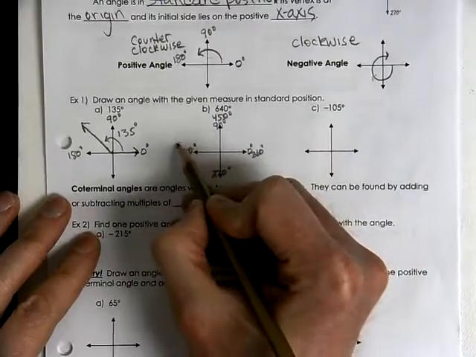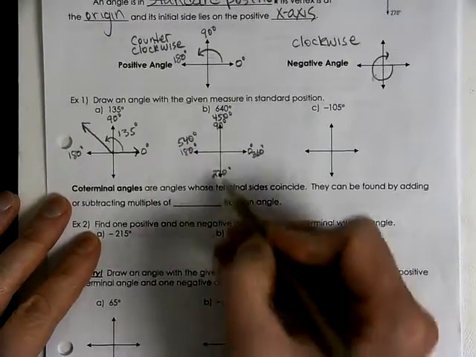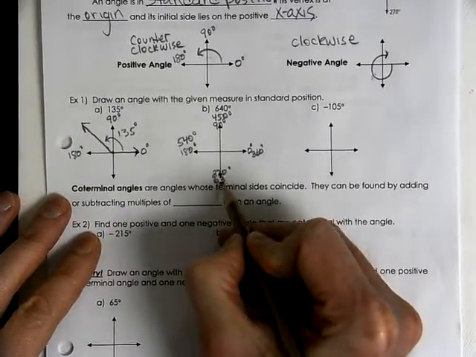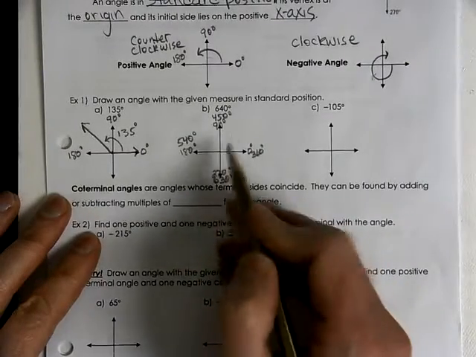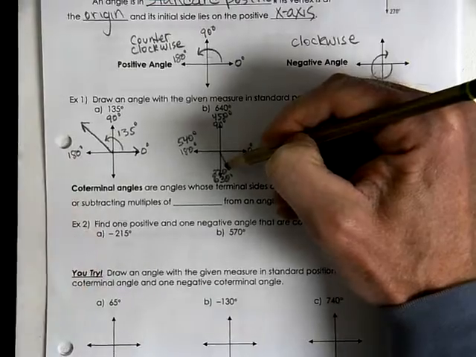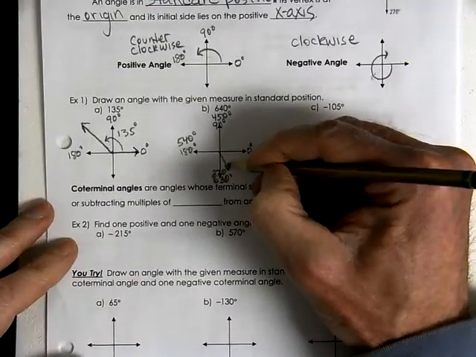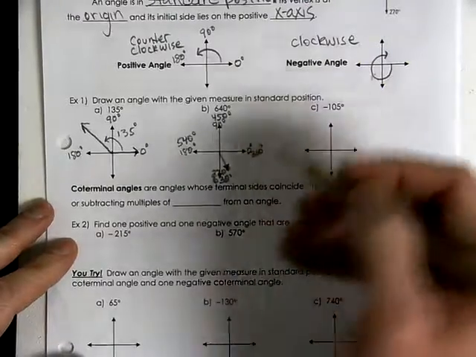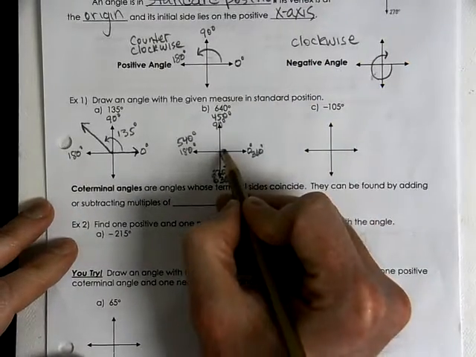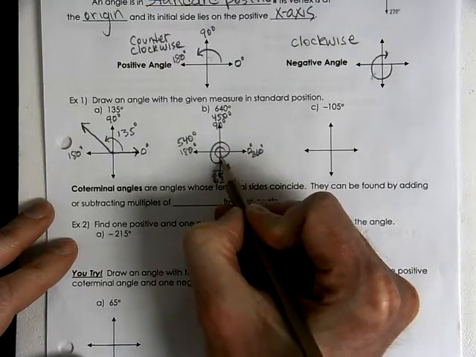And 90 more would put us at 540. And 90 more would put us at 630. So 640 is going to be 10 degrees past that. So if we're 10 degrees past that, we would then be at 640 degrees.